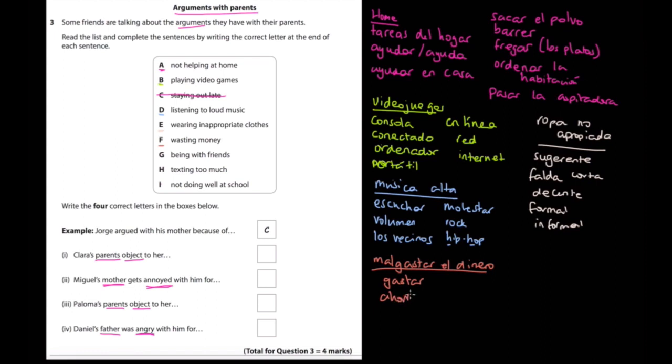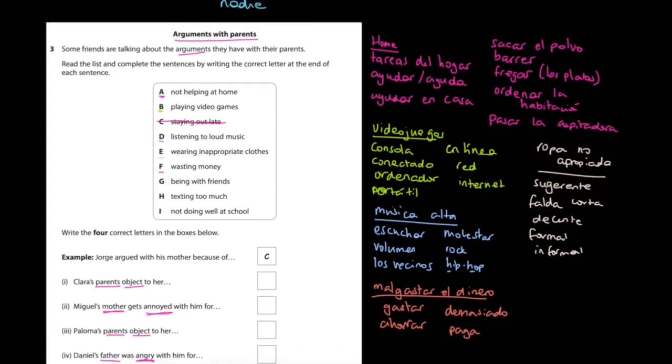I might hear ahorrar, because I might hear no ahorra. I could hear the word demasiado, too much. I might hear the word paga, pocket money. So saying what the person spends or misspends the money on.